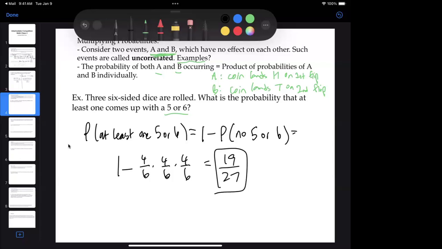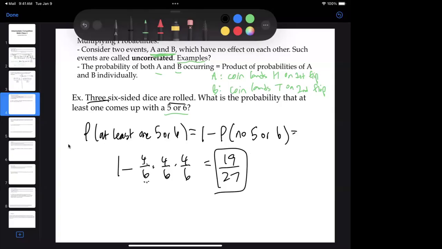Does that make sense? For every one of the 3 rolls, we don't want a 5 or 6 to come up, which means we can only have the numbers 1, 2, 3, and 4 out of the 6 total. We multiply that 3 times because they're independent events.